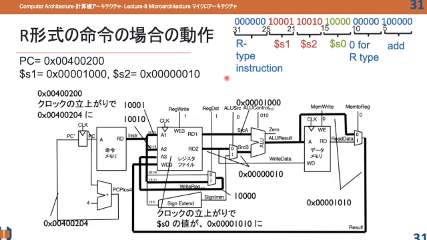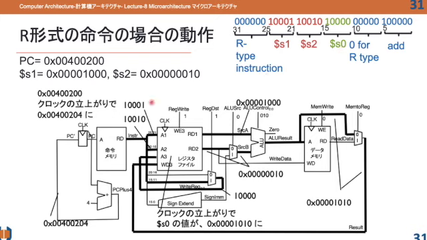Before going to the data path, the given value for the program counter, for example, is 004002000, and I also give you values for the source registers: S1 is 0001000 and S2 is 0001000. That means we need to add these two values and store the result in the destination register S0.